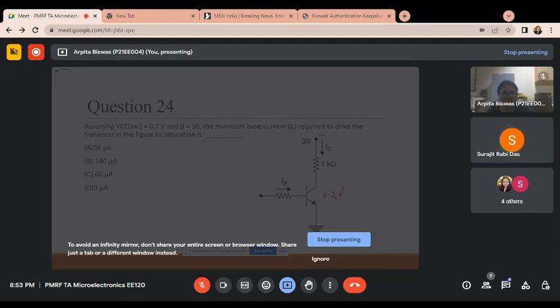Okay. Samuel, have you found it out? First, IC equals 3 minus 0.2 by 1 kilo ohm, madam. So you have to take 2.8 by 1 kilo. 2.8 milliamps IC. And then IB equals IC into beta. 2.8 into beta, into 50.